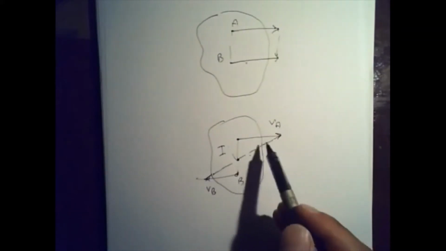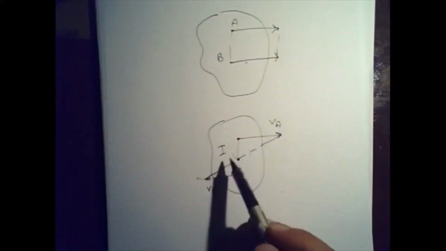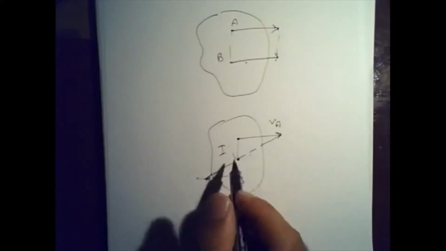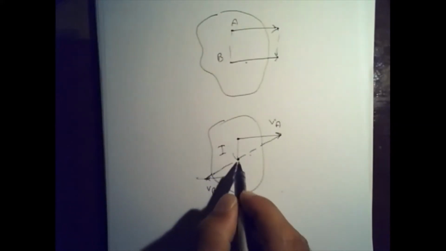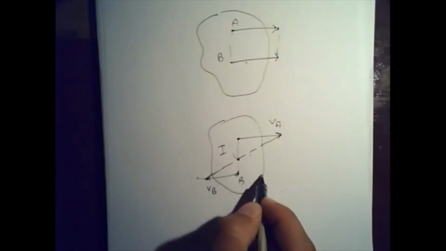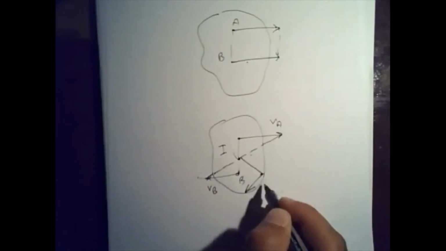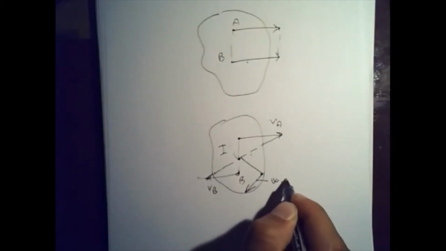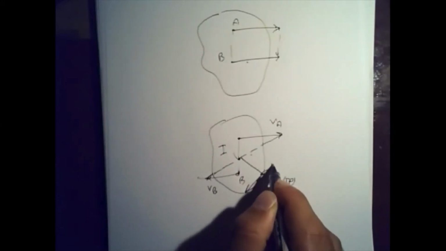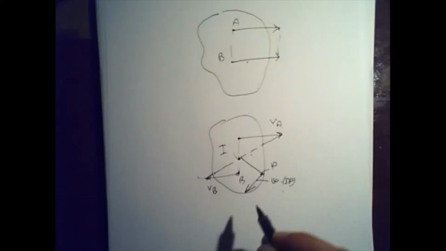Now you can use this to find the velocity at this point, which is going to be omega multiplied by IP. Let's say this is point P where you are trying to find its velocity.